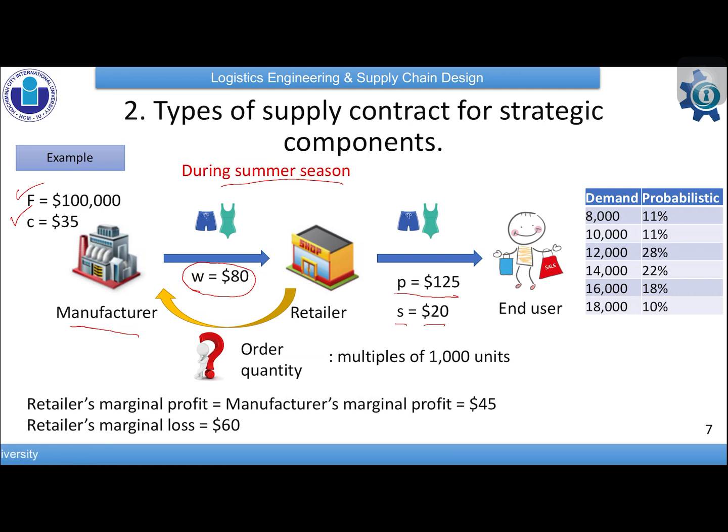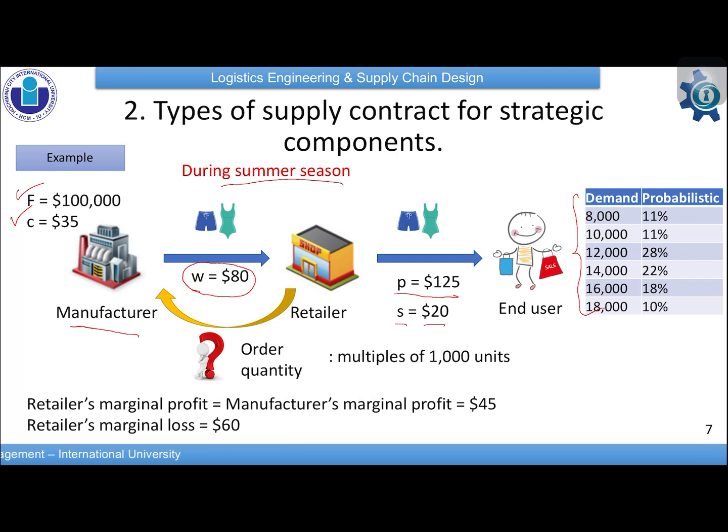Knowing that the forecasted demand is in this table, and the order quantity is in multiples of 1,000 units, how can we determine the order quantity for the retailer? This one is similar to the example, to the test you did last time in chapter 4, about determining the order quantity.